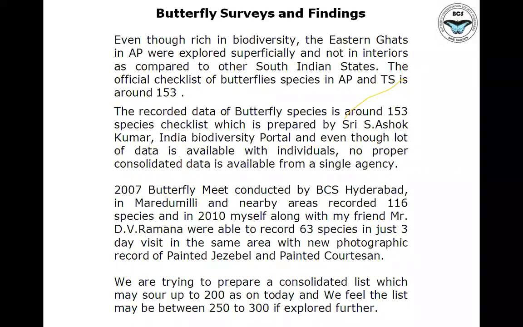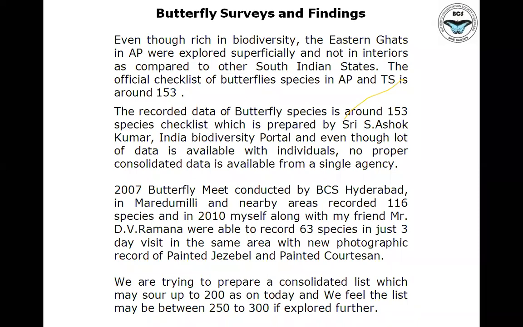And again in 2010, myself along with my friend D.V. Ramana were able to record 63 species in just 3 days, in the same area, with photographic records of painted Jezebel and painted courtesan.